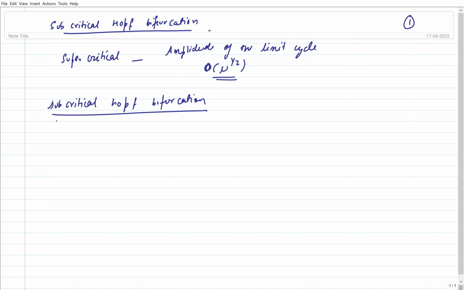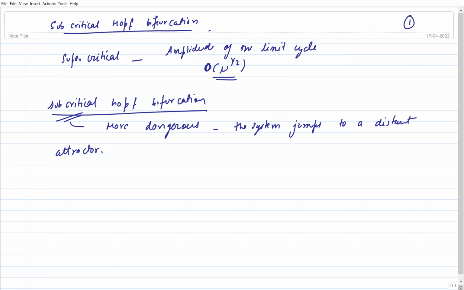In general, subcritical bifurcations are more dangerous simply because the system jumps to a distant attractor, and as a result it can be more dramatic as a change in a dynamical system for engineering applications.